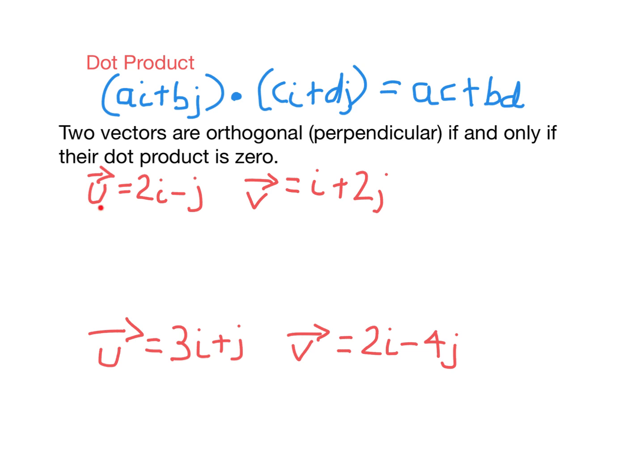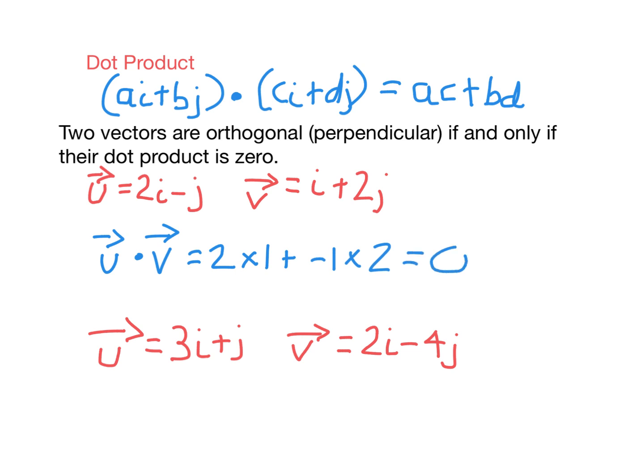So let's say I have these two vectors u and v. I'm going to calculate their dot product, u dot v. To do that, all I do is multiply the two x components. The x component here is 1 because it's not written. I multiply the two y components and simply add them together.